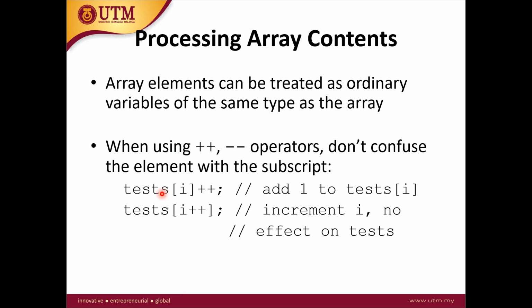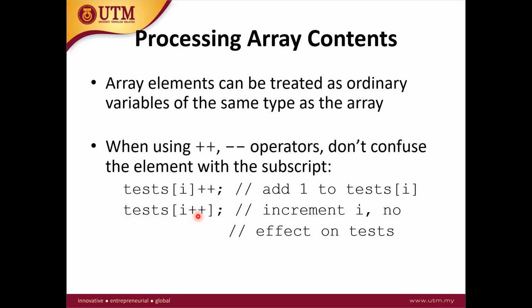Look at here, and this sometimes leads to some confusion. When you say tests of I plus plus, that means this element, tests of, let's say I equals 1, okay? Tests of 1, the element in index number 1, is going to be incremented by 1. But this one is I equals 1.